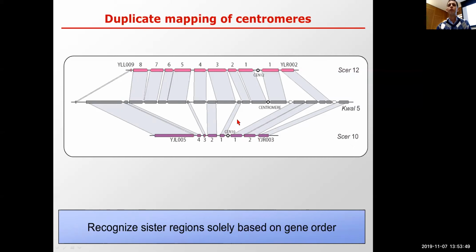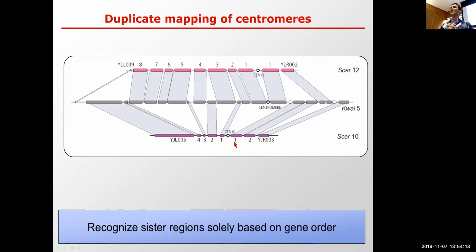And I would never know that they're mapping to the same ancestral region unless I find the ancestor whose gene order, not gene content, but gene order, tells me about the complete duplication of that region. This example also shows you something very cool, which is that the centromeres, the places where these chromosomes come together to align and then divide, are in fact mapping in the same locations. That basically this chromosome became 2 chromosomes.